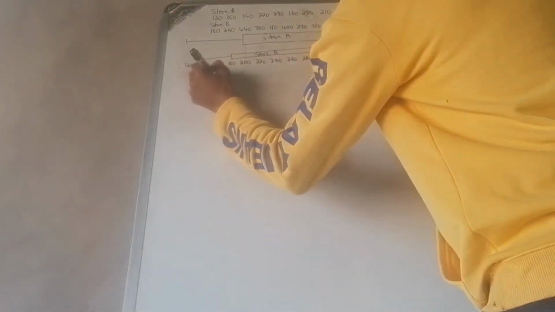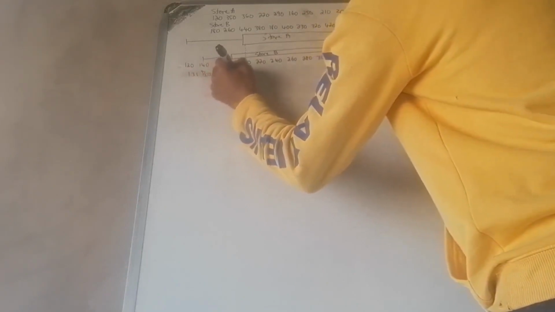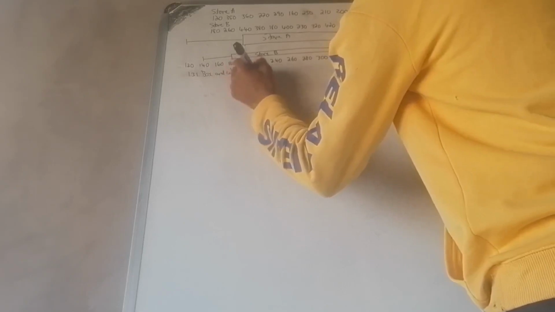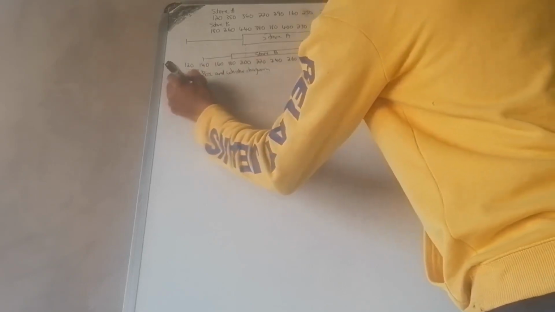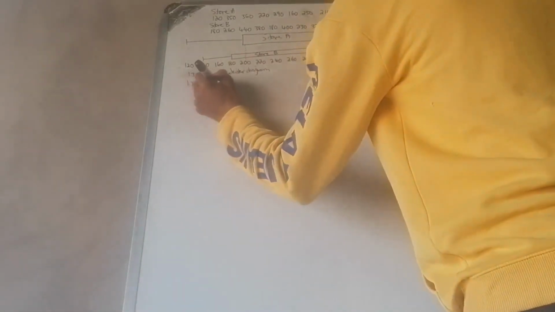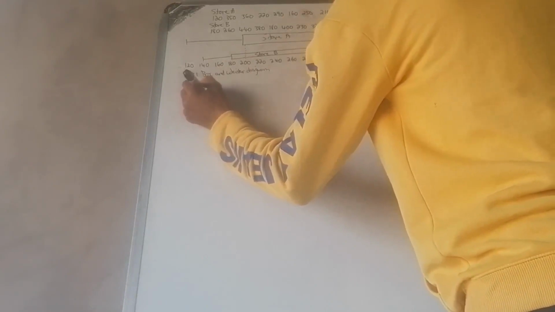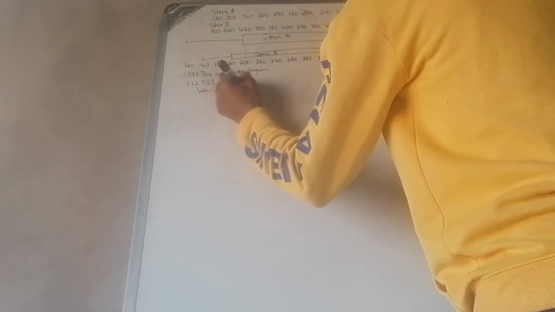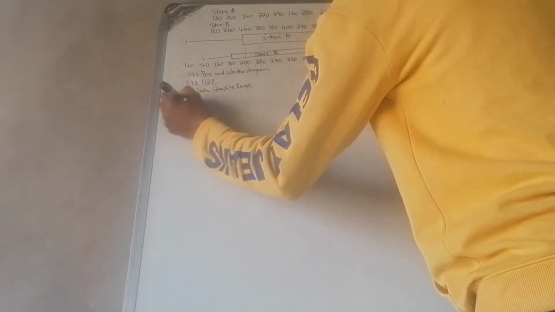Box and whisker diagram. 1.3.2, write out IQR in full. IQR in full is interquartile range.